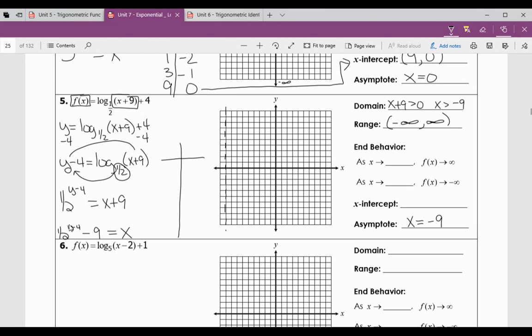Now, since my exponent changed, my table will change, and I will build my table around that value. So y minus 4 equals 0. So the first number I'm going to put in that table, I'm going to build my table around my exponent. So that would be 3, 4, 5.